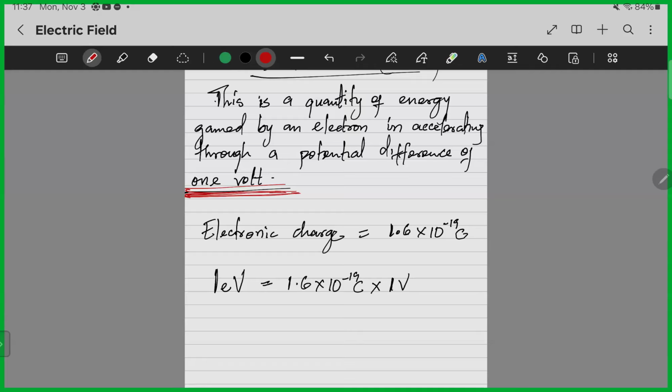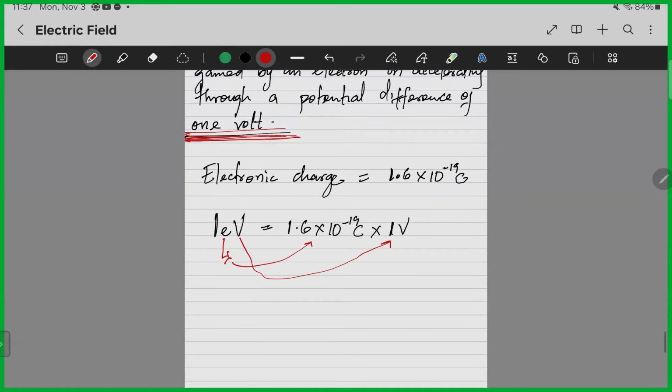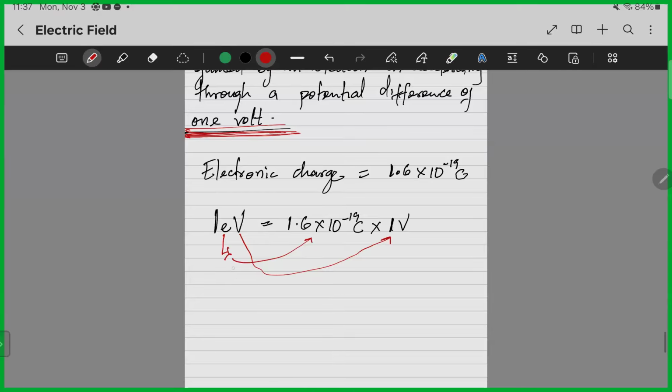So when you are multiplying, you take the electron charge, that's this value, and then this volt here is always 1 volt. So this is how we form the unit: 1 eV is equal to, whenever you multiply coulomb and volt, you have energy, and that energy gives you joules. So you're having 1.6 times 10 raised to minus 19 joules.